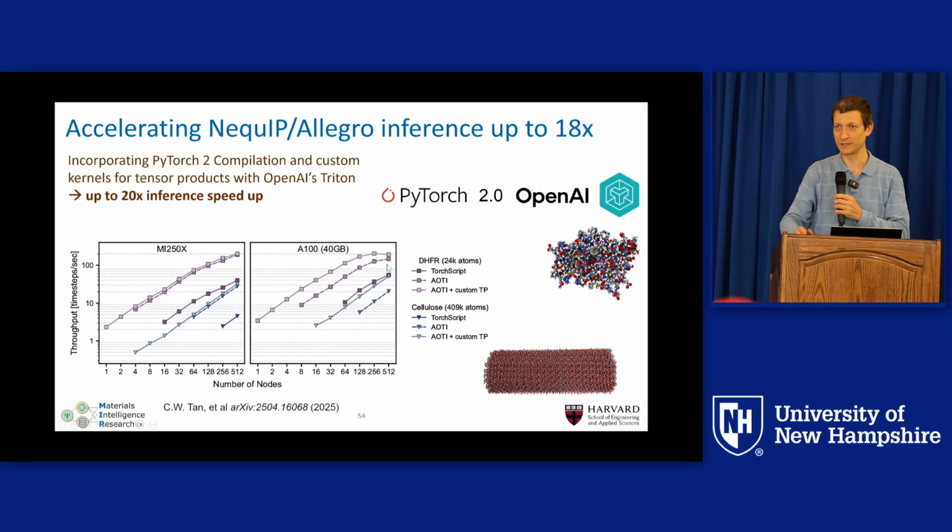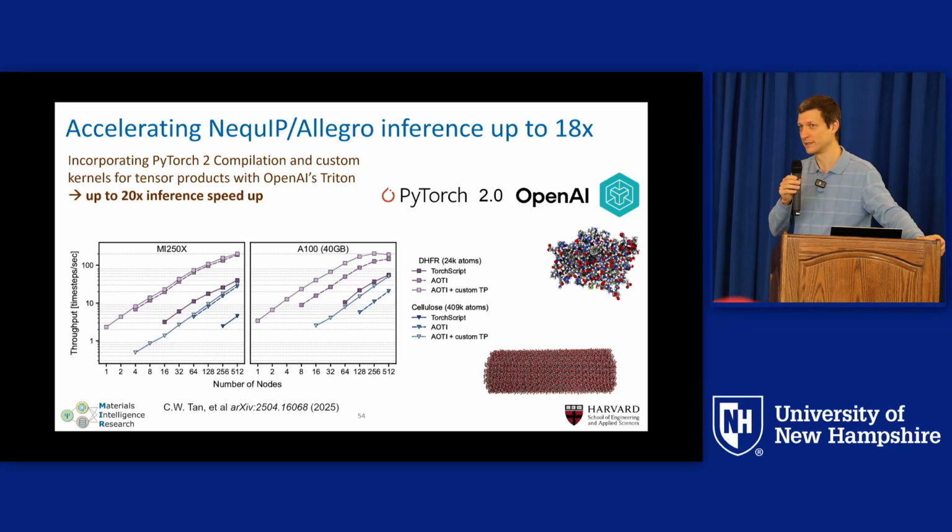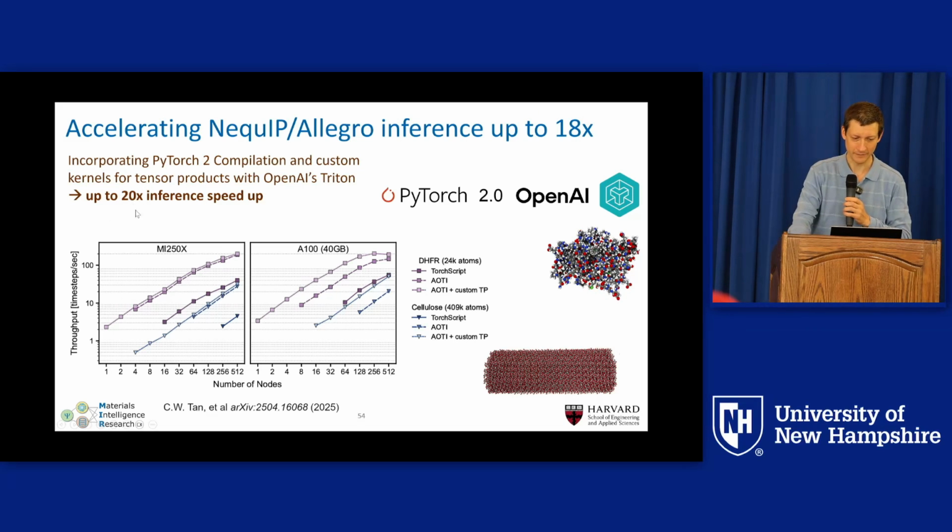The speed is what we're mostly concerned with, how to make these models much, much faster, because in the end what we want to deploy them for is molecular dynamics, which means taking billions of time steps and repeating it over and over. So a lot of engineering effort has gone into making these things faster. In the past few months we've taken it up to 20 times faster.